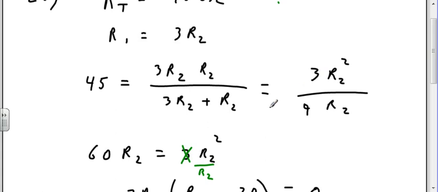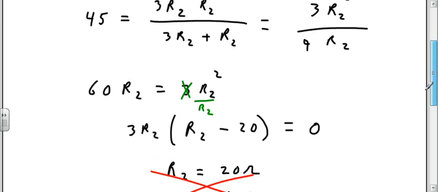When I took the 3 over there, I put the 4 over there, I multiplied the 3, and I left the 3. All right, well, that was pretty silly. And then those 2 go away. So if I would have done it right the first time, I would have gotten R2 was equal to 60 the first time if I wasn't so much stuck on doing it wrong on purpose.